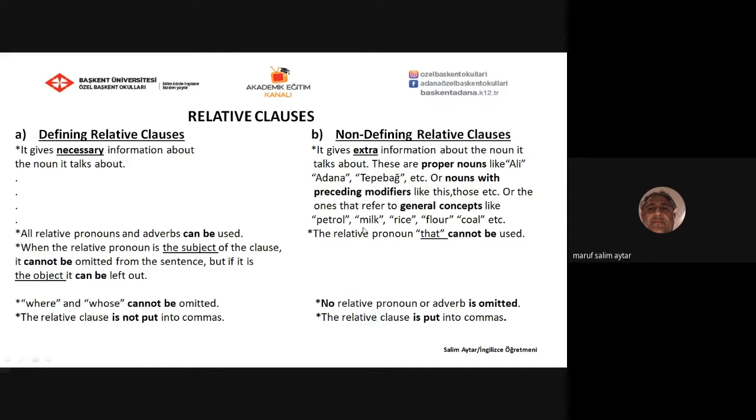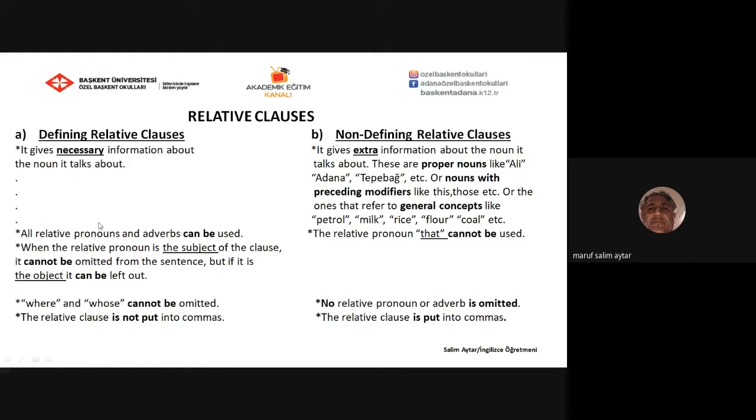When I think of milk, immediately the very first thing that comes into my mind is a white substance cows produce, which is usually very healthy and helps especially babies to grow up in a healthy way. So rice, flour, coal, they are general concepts. They don't need definitions, actually, okay?